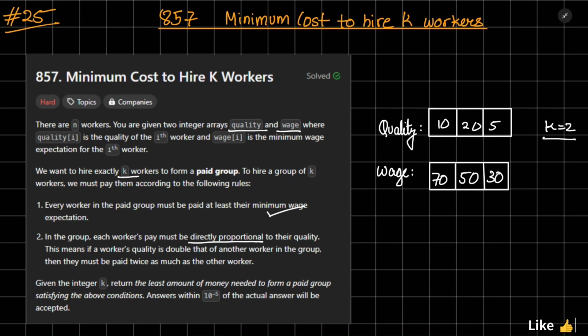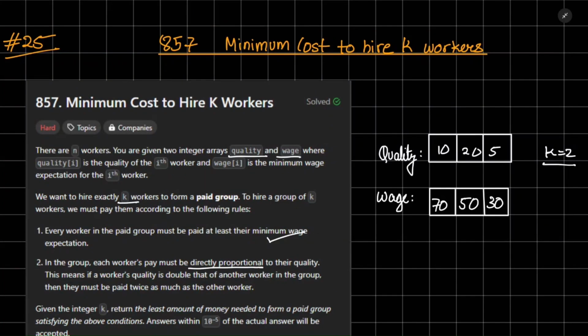Let's take this example. Here we have k equal to 2 and the quality and wage arrays. If we are going to pay them according to their proportion, let's say we have R. What is R? R is the rate per quality that you are giving. And why is that? Because we have to maintain proportions.